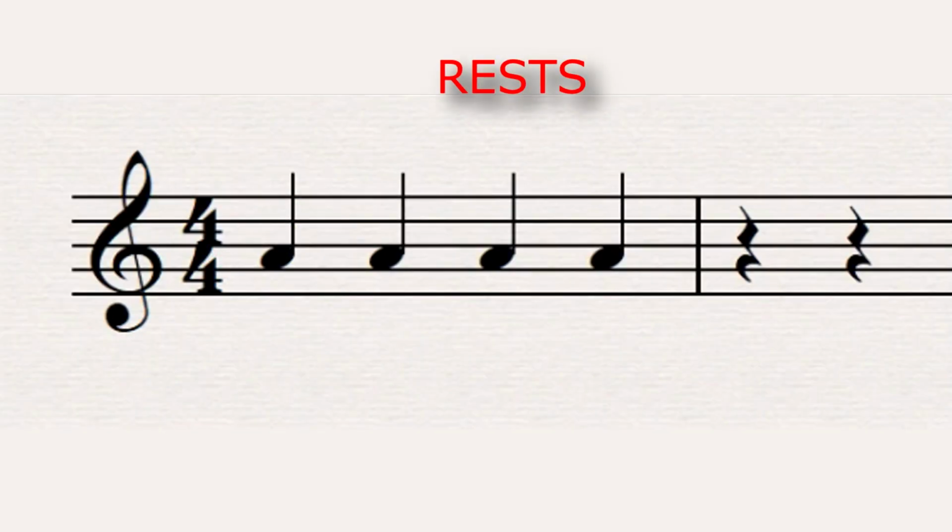Now when I want to represent a silence equivalent to a note, for example this is a crotchet in A, but I want nothing at all to sound here while still taking the space, I replace this with a rest.